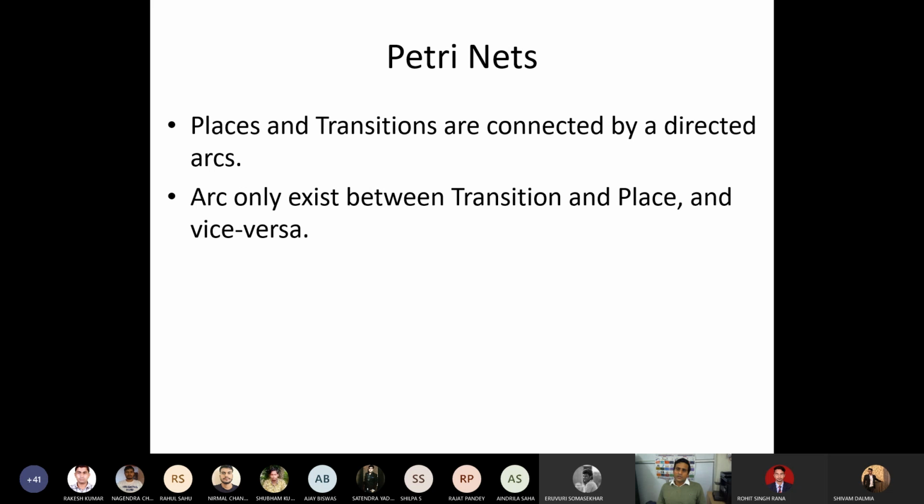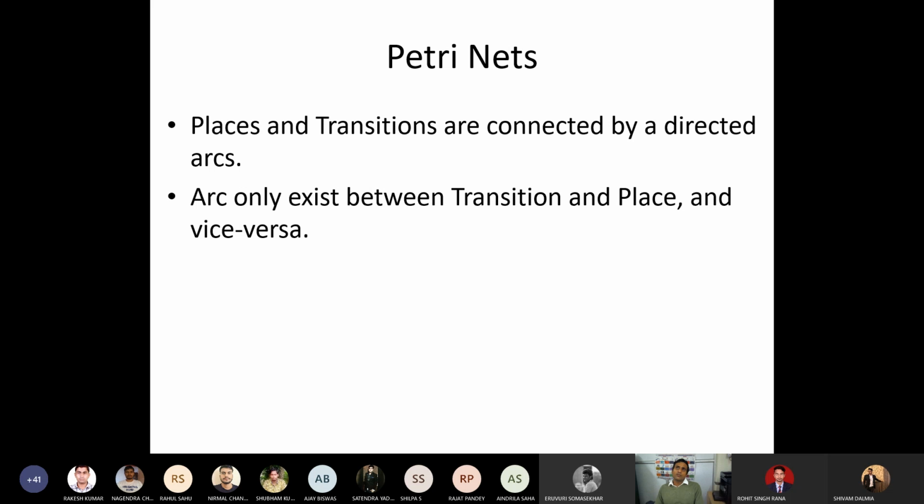An arc only exists between a transition and a place, and vice versa. That means there will be an arc only from place to transition or transition to place, but there will not be any arc between places or between transitions. That is what you need to understand, and that is the reason why it is a bipartite graph.